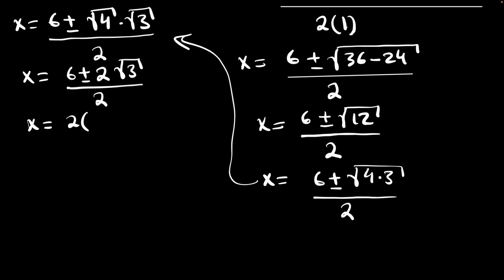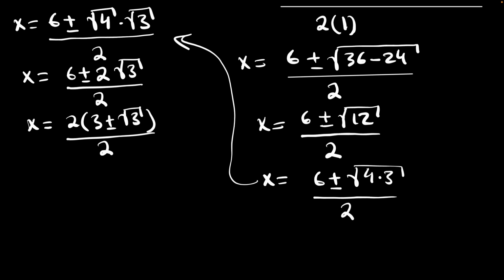So with 2 as a common factor, 6 divided by 2 is 3, plus or minus, and for this term this 2 will cancel out and we would have the square root of 3 divided by 2.